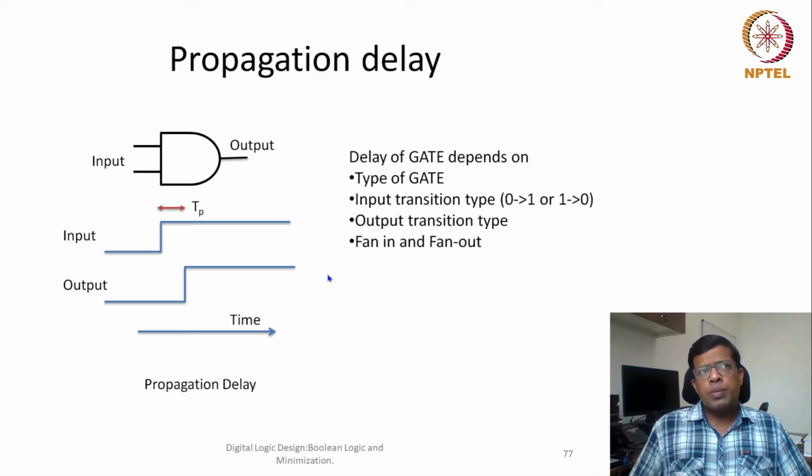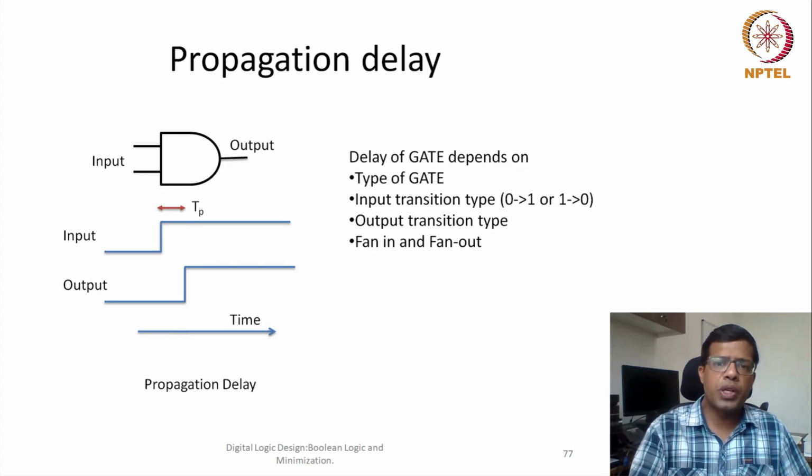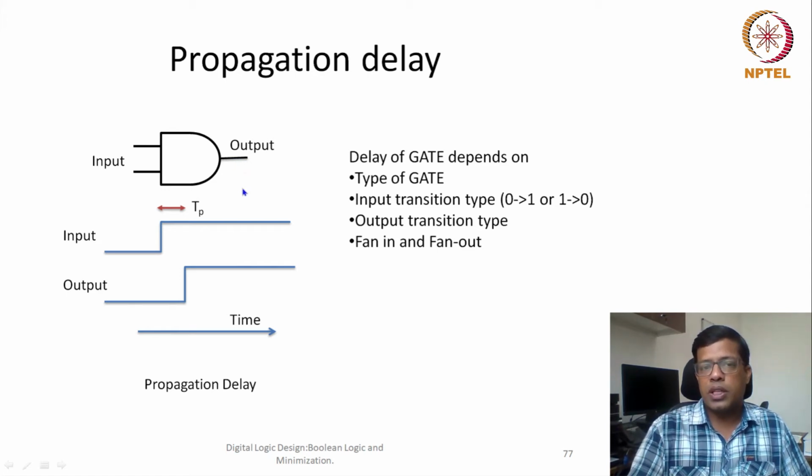Practically, it also happens that the delay for 1 to 0 or 0 to 1 is different. So my input transition from 1 to 0 or 0 to 1 may lead to different delays. Similarly at the output, in CMOS technologies it depends on the capacitor.